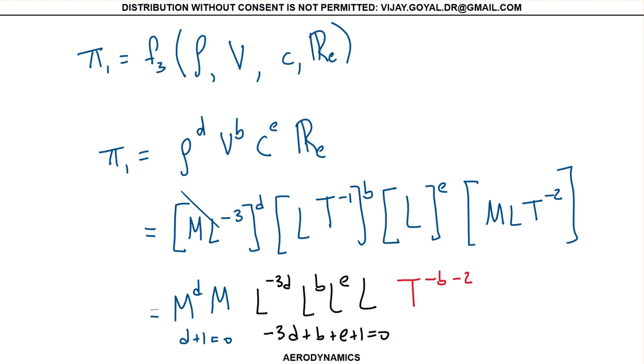And from time, minus b minus 2 has to be 0. Remember, I can add all the coefficients together, and that's how I get this.